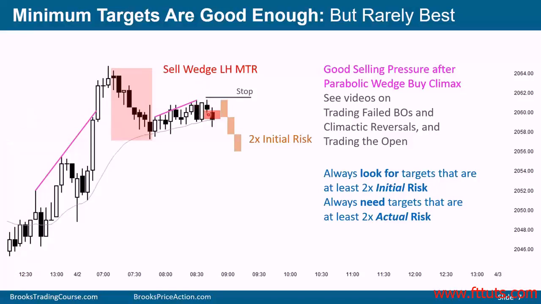When the initial risk is small, as it is here, you sell below here. If you put the stop here, your initial risk is small. It's usually good to go for a profit that is at least twice your initial risk. Mathematically, all you have to do is go for a target that is twice your actual risk to have a positive trader's equation.